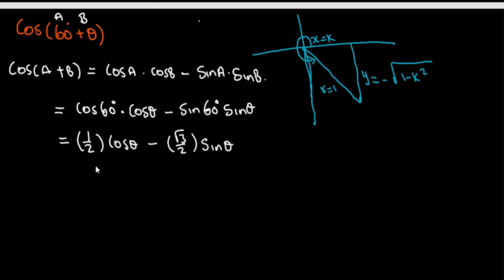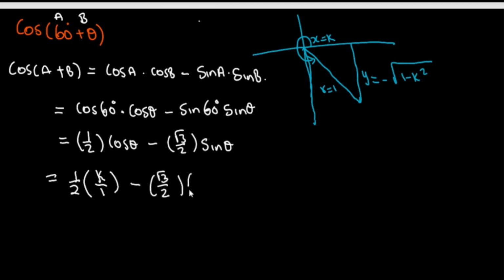So now we need to refer to the diagram for the cos of theta. This will be 1/2 inside the bracket. What is the cos of theta according to our diagram? Remember cos is adjacent over hypotenuse, which is k over 1, close the bracket, minus the √3/2.